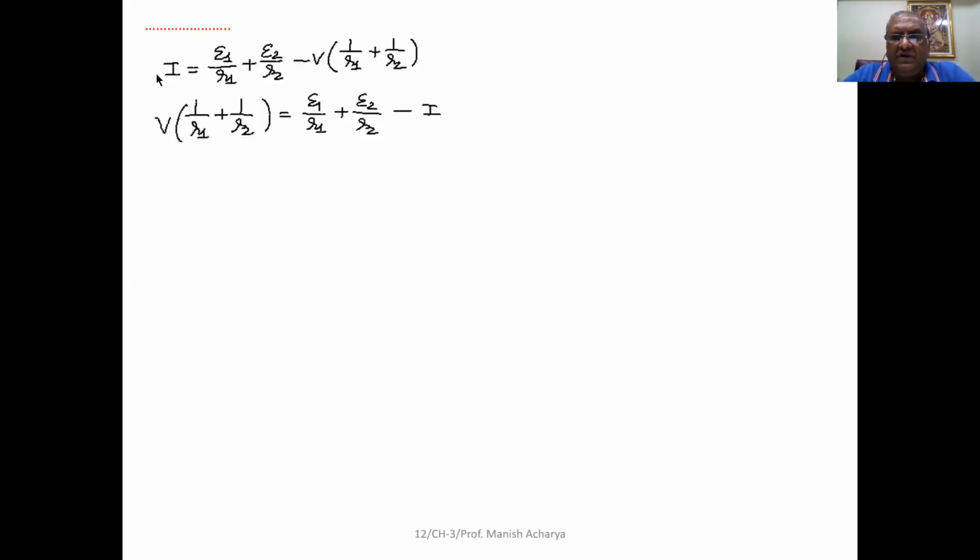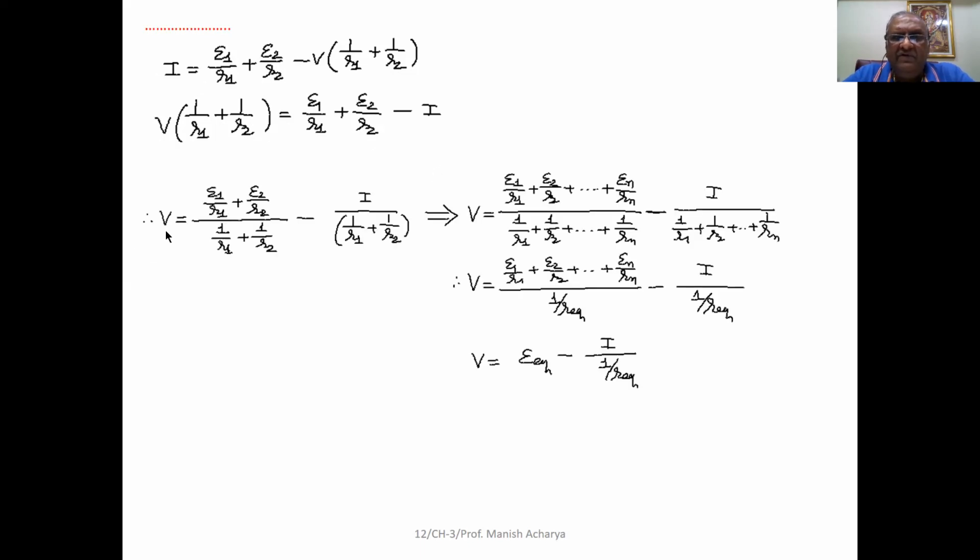Now the equation of current is rewritten here. I equal to E1 upon R1 plus E2 upon R2 minus V into (1 upon R1 plus 1 upon R2). So we can write V into (1 upon R1 plus 1 upon R2) is equal to E1 upon R1 plus E2 upon R2 minus I. Therefore, we can write V is equal to, now without taking LCM, take this bracket on the right hand side.